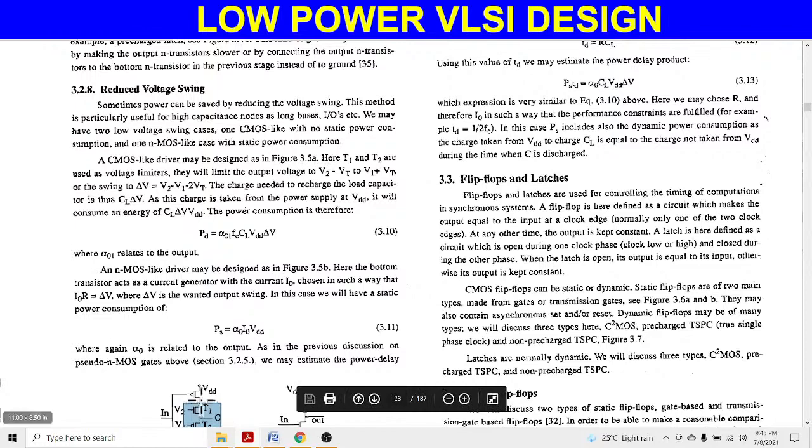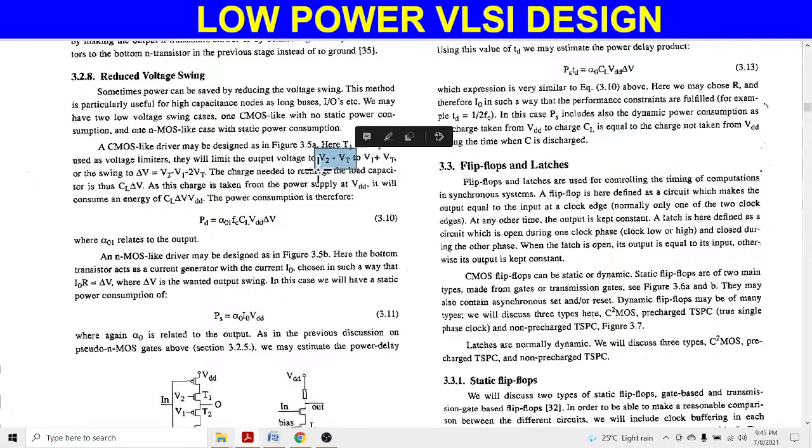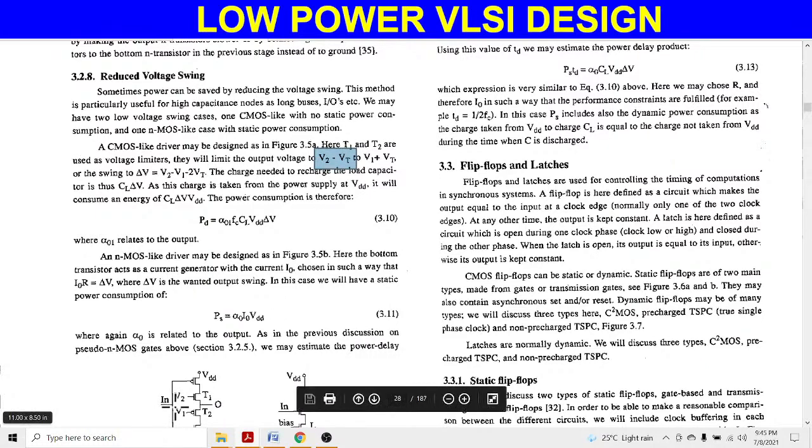Okay, the upper transistor T1 reduces the voltage V2 to V2 minus Vt, and the lower transistor will increase the voltage from V1 to V1 plus Vt. Okay, so the overall change del V equals this voltage minus this voltage. When we subtract the second term from the first term, we get V2 minus V1 minus 2Vt.